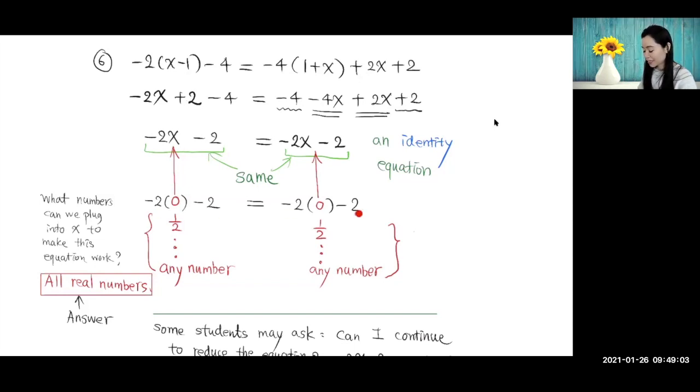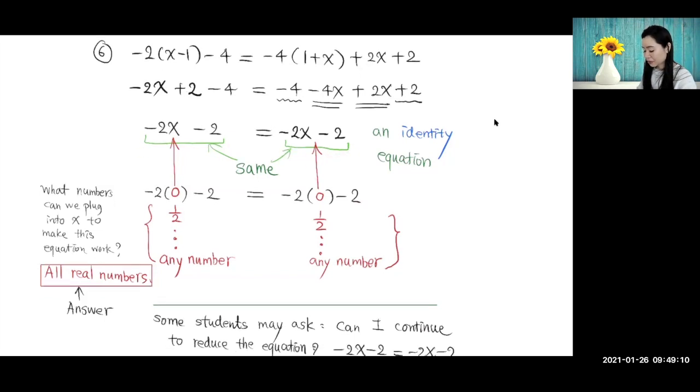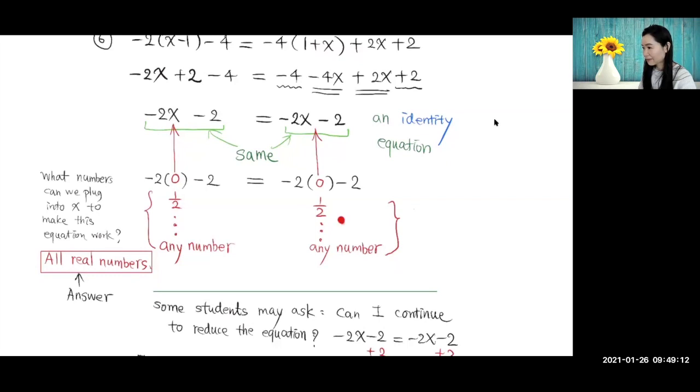Because they're identical, if I plug in x over here, the left side will still be equal to the right side. If I plug in half, the left side equals the right side. Plug any number into x over here, the left side will equal the right side. So you can actually plug in any real number. So all the real numbers will work.